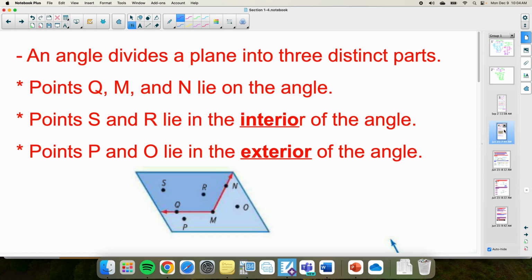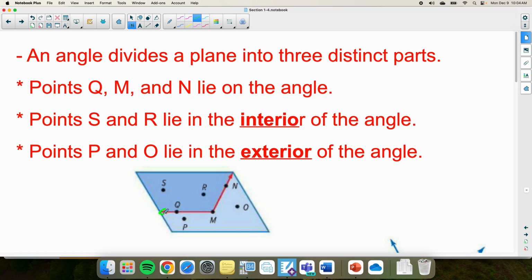Okay? All right, another thing that I'm just going to cover super quickly is there are times where you have an angle, and first of all, you can have points that are on the angle like N, M, and Q, and then you have points that are interior of the angle and exterior of the angle.